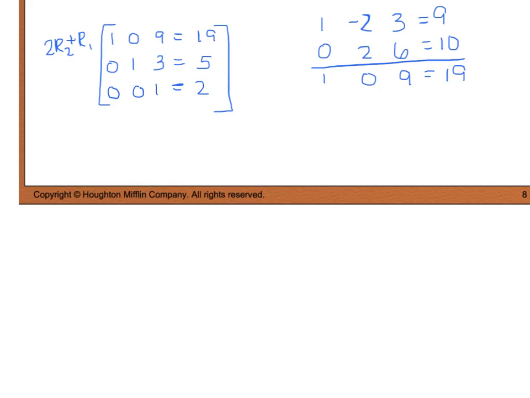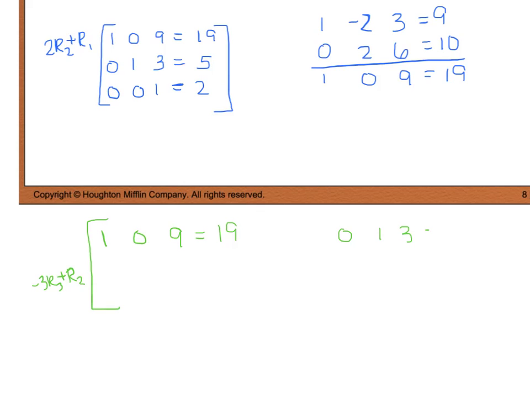We'll do this here in green. So we have 1, 0, 9 equals 19. Oops, we're going to multiply this. We said we're going to go a negative 3R3 plus R2. So when we do that, R2 is going to be left alone, so I have 0, 1, 3 equals 5.